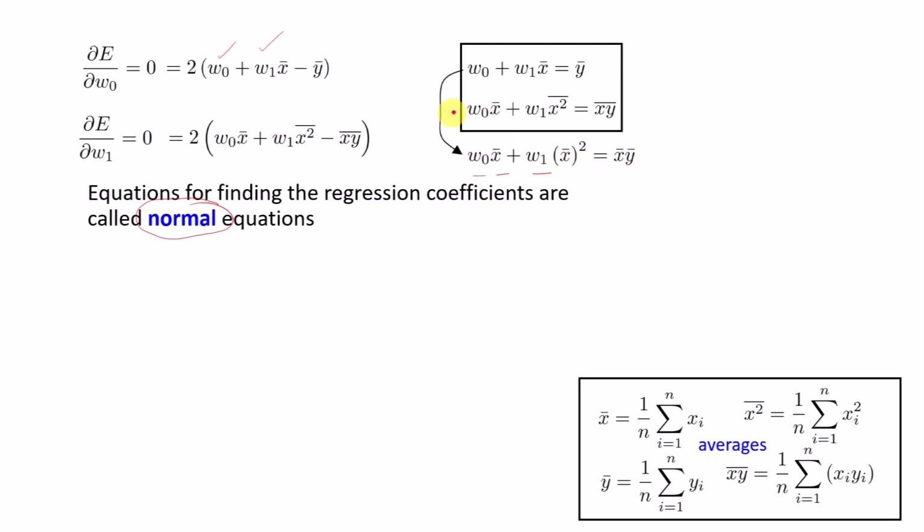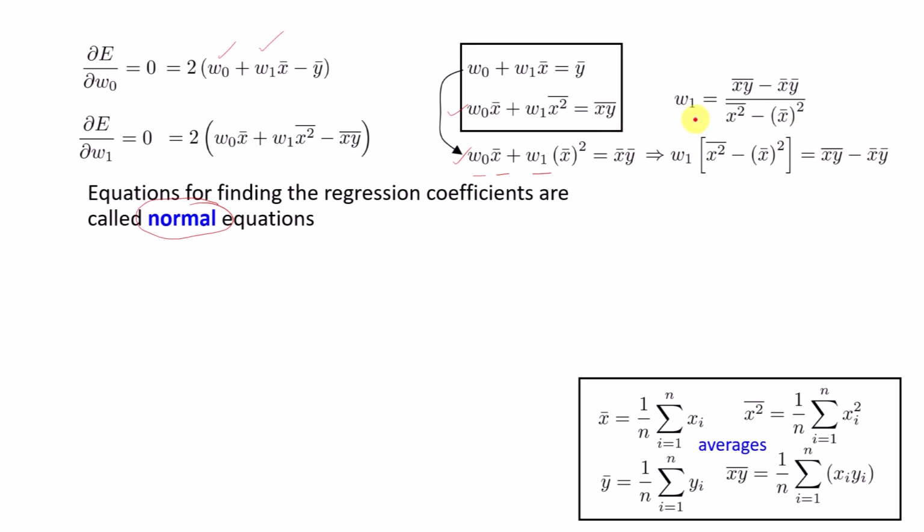And then I can subtract one of these 2 equations from the other, and I get w1 times x square bar minus x bar whole square. w0 x bar cancels out. The right hand side is xy bar minus x bar y bar.